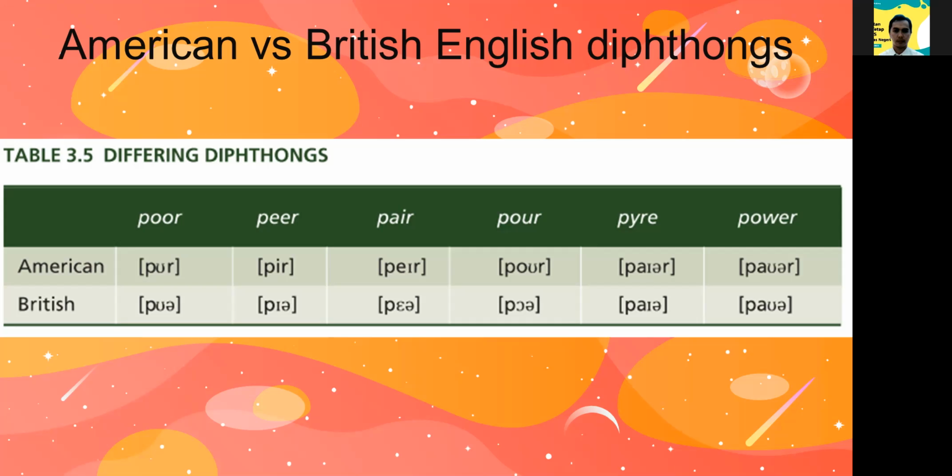Similarly differing diphthongs, or even consonants and vowels, will also be seen in many other languages. For example, Indonesian in Jakarta's dialect, compared with the Medan dialect or with East Indonesian dialects or with your local dialects, probably there will be some differences.